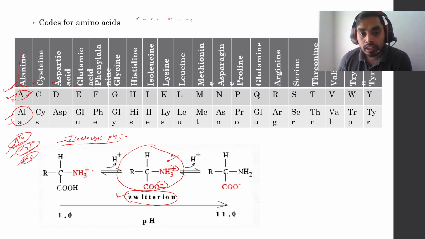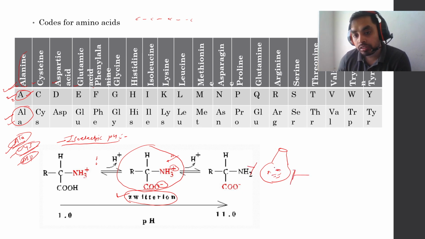So if we apply an electric field, suppose we have a flask and we have an amino acid solution in it. If we apply an electric field to this solution, the amino acids will start moving towards an electrode.